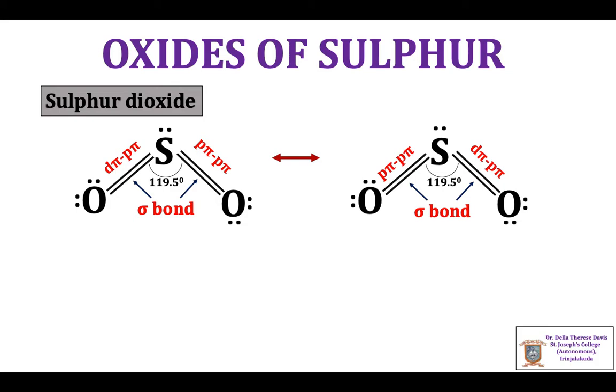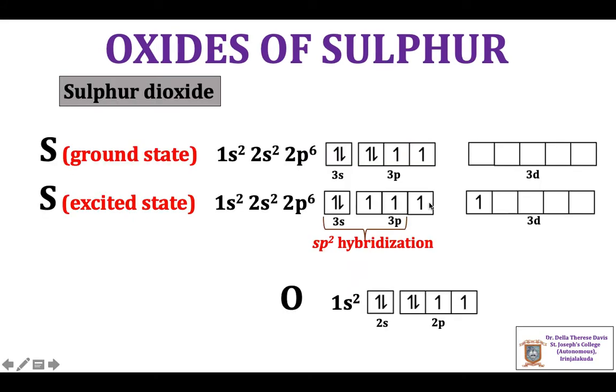These 3 hybridized orbitals are arranged in trigonal planar fashion, and the bond angle is slightly less than 120 degree, that is 119.5. This can be attributed to the fact that lone pair bond pair repulsion is greater than bond pair bond pair repulsion.